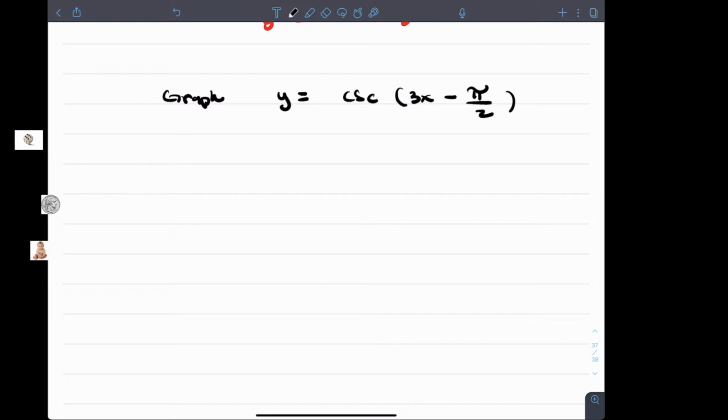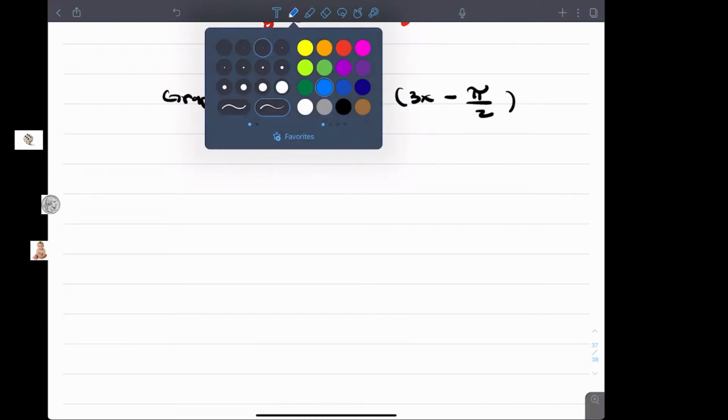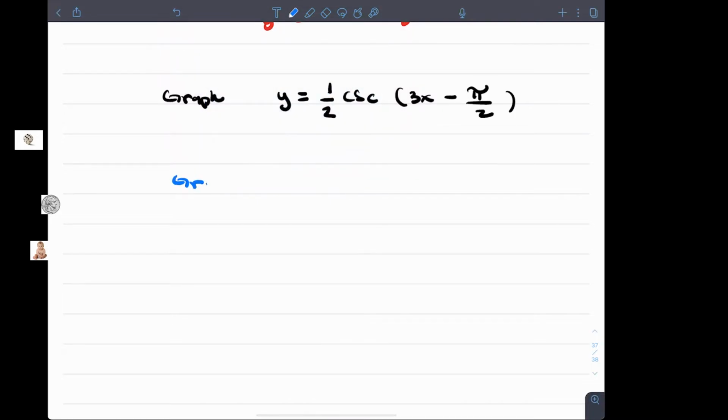And maybe we're going to put another number here. Let's put a 1/2. Let's make it a good one. You might say, what do we really need to do then? Putting a number there doesn't really change much, right? It changes your amplitude.